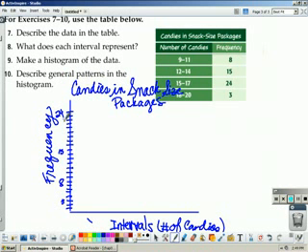So let's start with the frequency, the interval of 9 to 11. So 9 to 11 has a frequency of 8. So I'm going to come up to 8, make me a big bar. The next one is 12 to 14, and that has 15 of them.